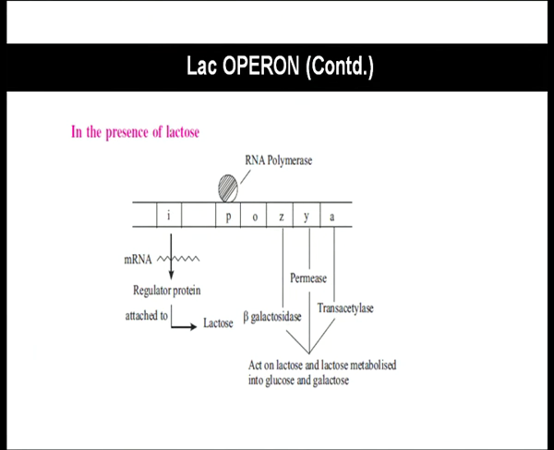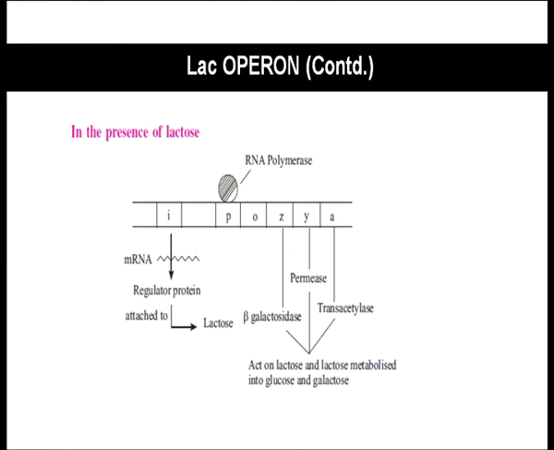Once it binds to the lactose, it is not free and it cannot bind to the operator region. Once the operator is free, the RNA polymerase can bind to the promoter, represented as P, and the transcription of the Z, Y and A genes takes place.